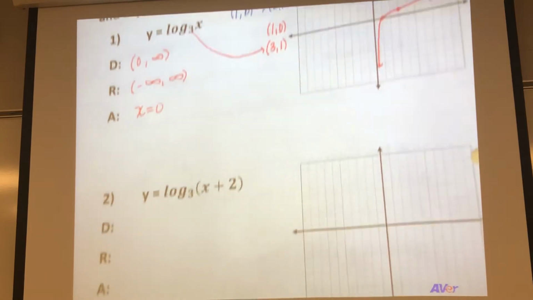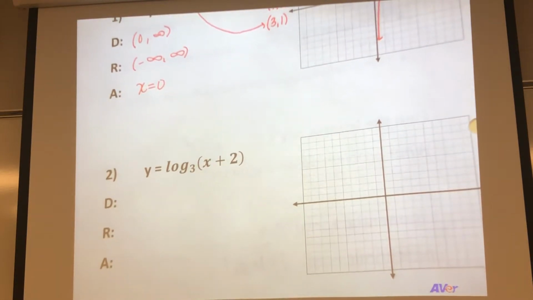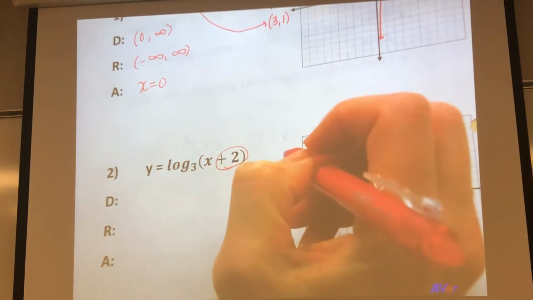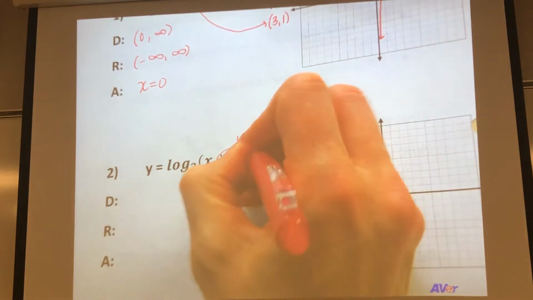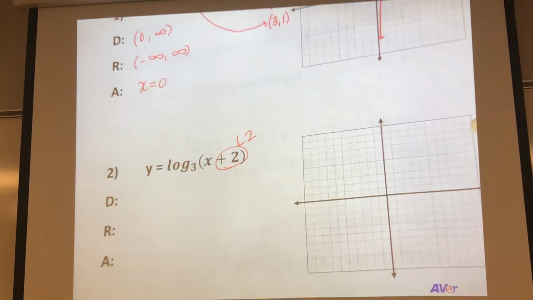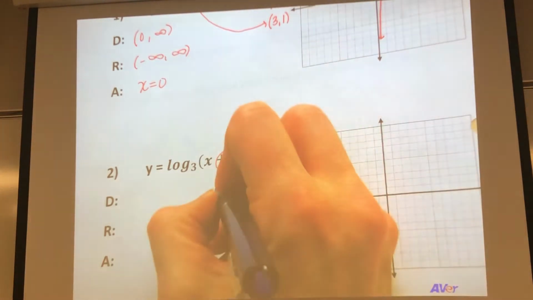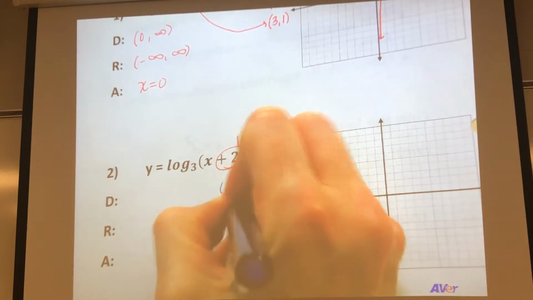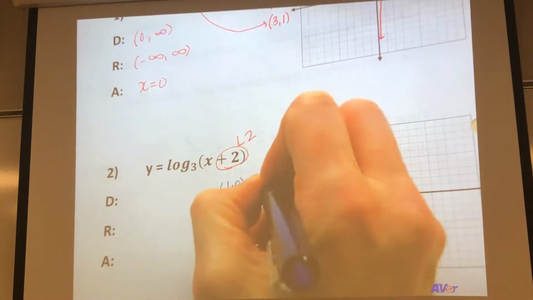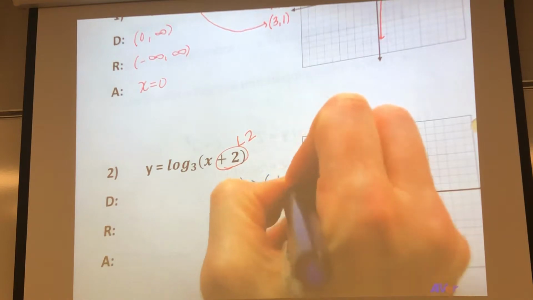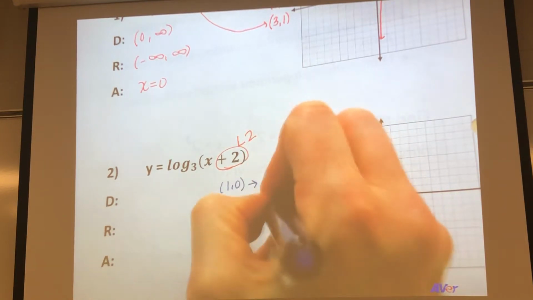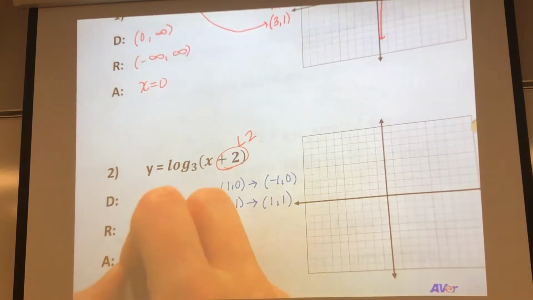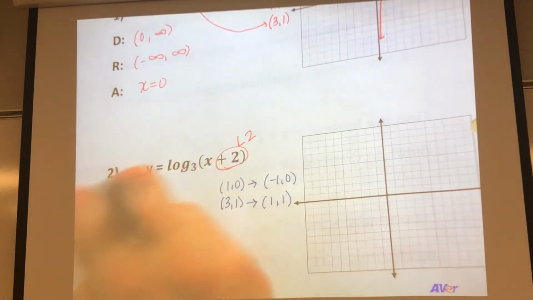Just like with the exponentials, our logs can also be transformed. When you have a plus 2 inside of the log, that means it's going to move left 2. So we're going to take those original points that we talked about up above, the 1, 0 and the 3, 1, and we're going to move them both left 2. So negative 1, 0, and 1, 1. Which also means that our asymptote, oops, I put a y.